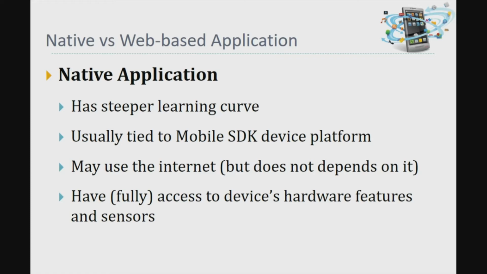Okay, for example, you download Candy Crush. It does not depend on the internet. You still can play it without the internet. That's the example. And it has full access to device hardware features and the sensors.